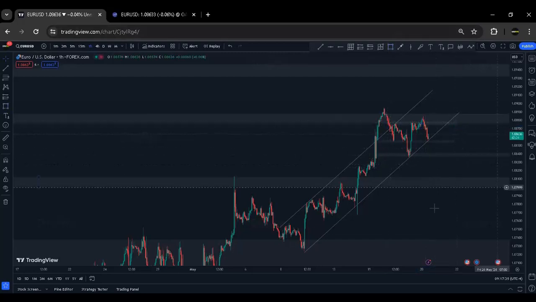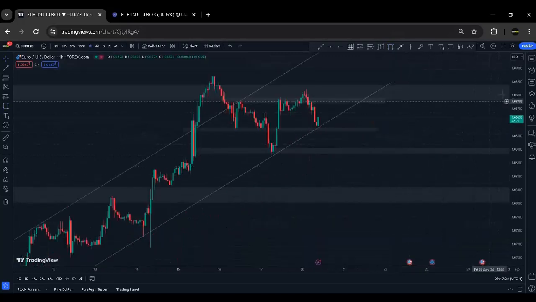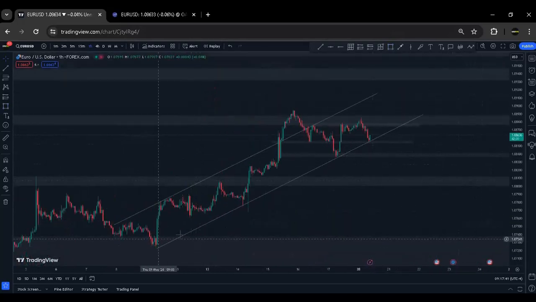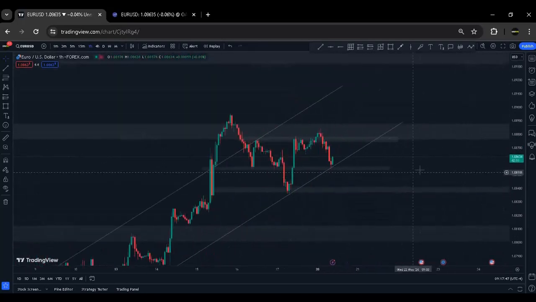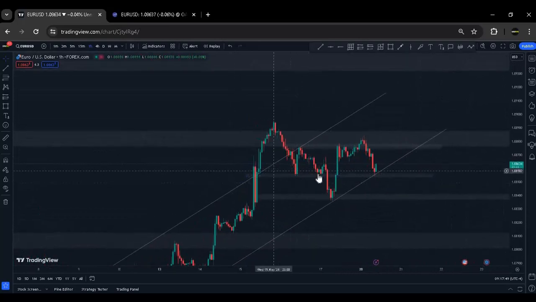If you look closely here, we had our first touch, second touch, third touch, and this is our fourth touch. So on our fourth touch, you can see price has reacted on this level right here, which is a support level. As you can see, price respected it here, and it seems to be respecting it here.